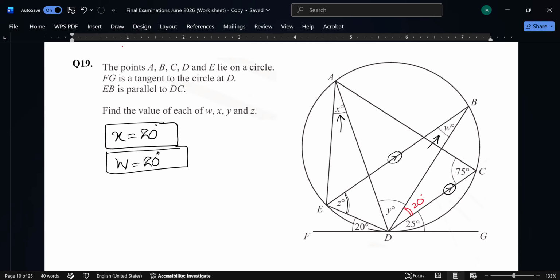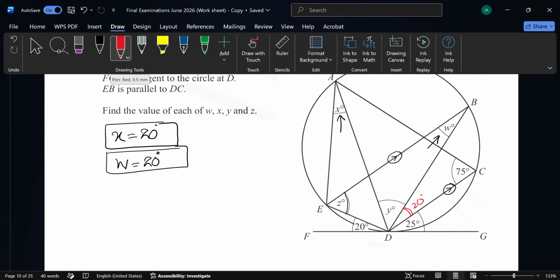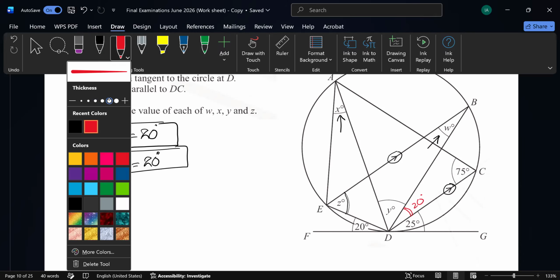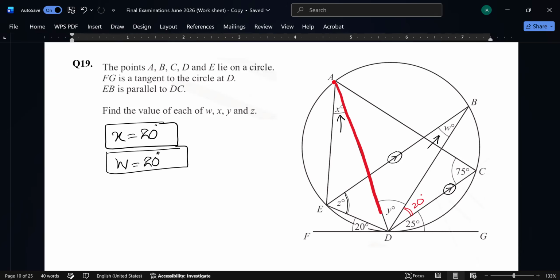Before this, I highlight the triangle. Look at the triangle carefully. I am highlighting the triangle ADC. In this triangle, as you can see, this 25 will be this one.